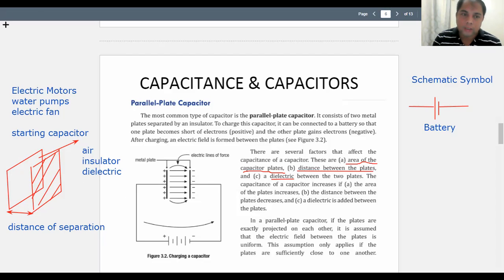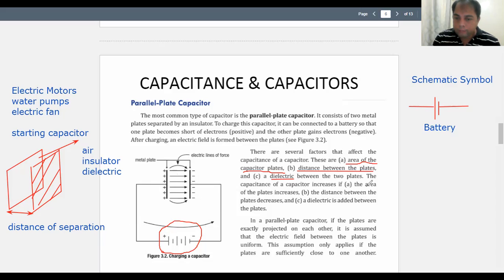So we always need to connect the capacitor with a battery. Again, the long line is the positive side, the short line is the negative side. The electrons here will eventually travel to the positive side of this plate, and the negative end will cause electrons to go in this direction, making this a negative plate.